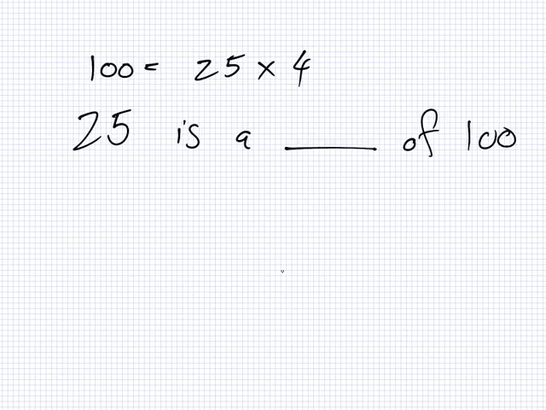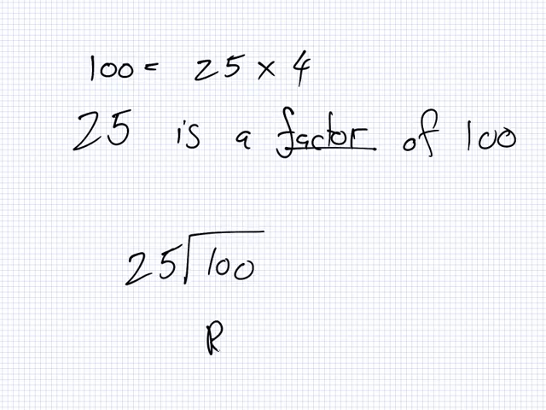It's a what? Thank you, yes, thank you. That's what I was looking for. It's a factor. Yeah. It's also a fourth too. Yeah. So the way you can check if something is a factor is if you divide it in, the remainder should be 0.